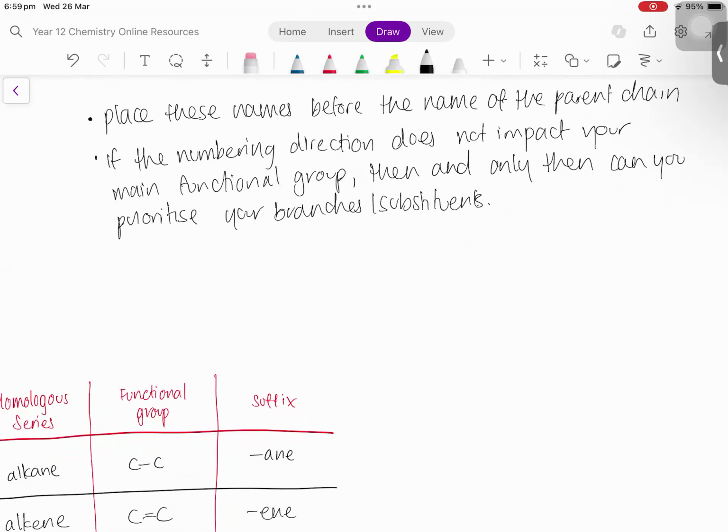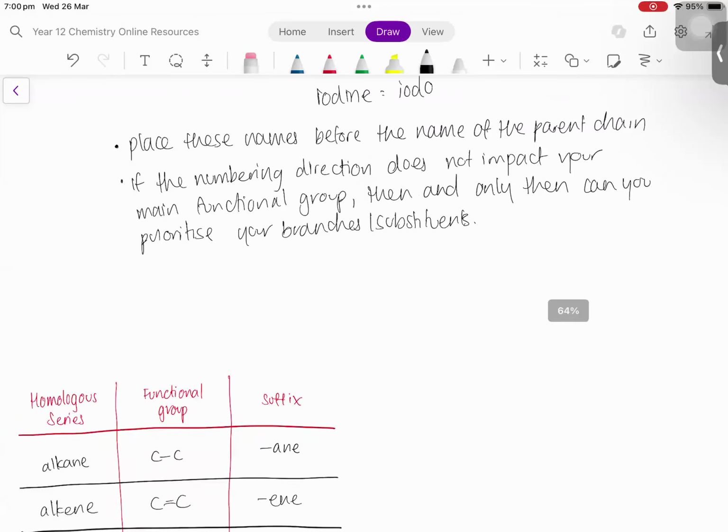If the numbering direction does not impact your main functional group, then and only then can you prioritize your branches or substituents. What I'm saying is, when you do your numbering, you need to give your main functional group the smallest number. In this case, it doesn't matter. What that means is, you can go about it either way, but if there's branches and substituents, you can then give a smaller number to them, yeah?